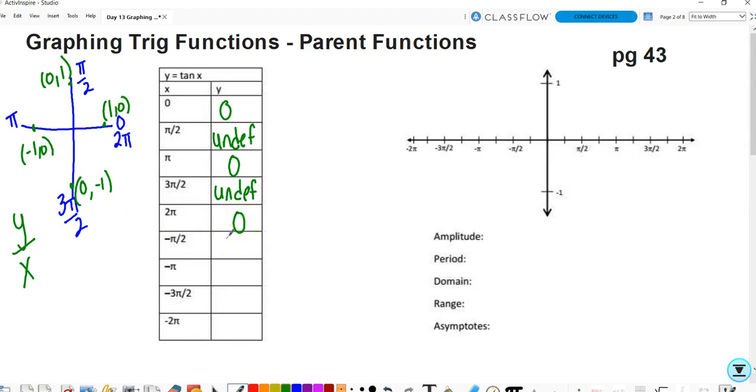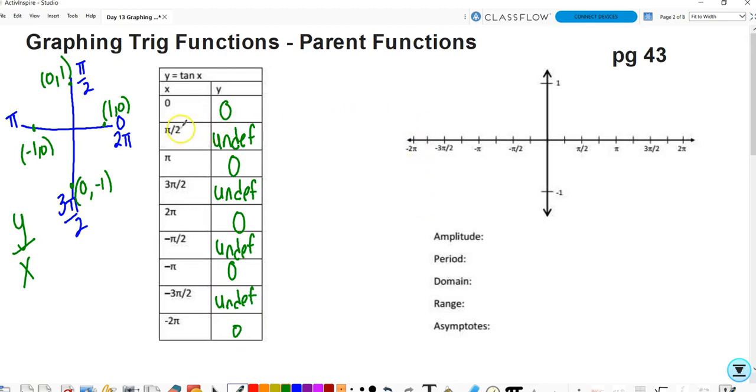So now let's go the negative direction. Negative pi over 2 down here is undefined. Negative pi is 0. Back up at -3 pi over 2, undefined, and 0.